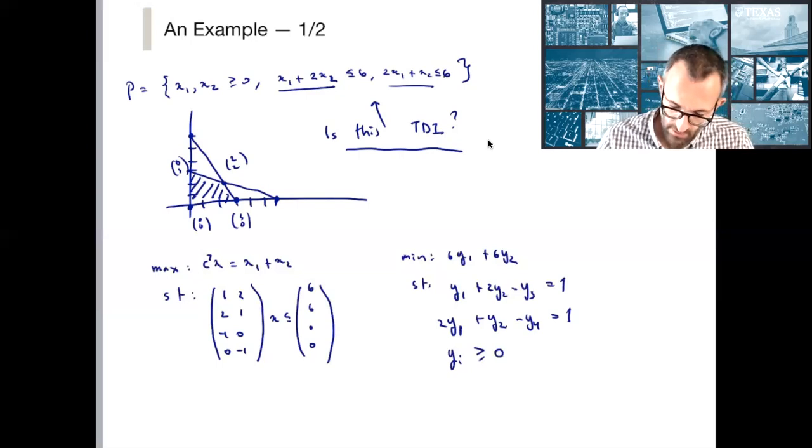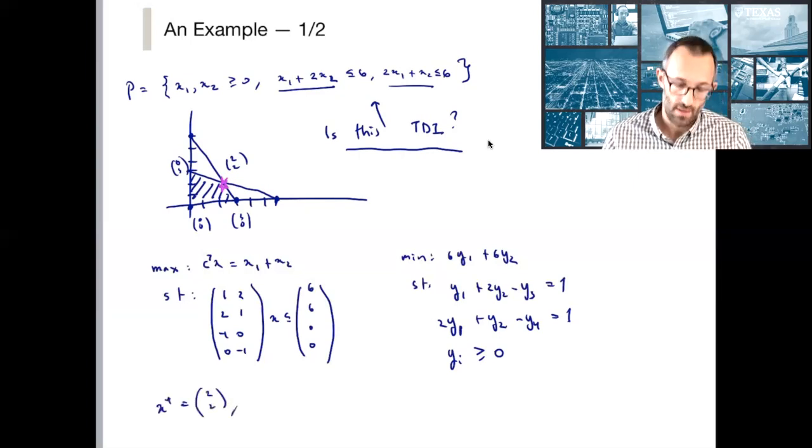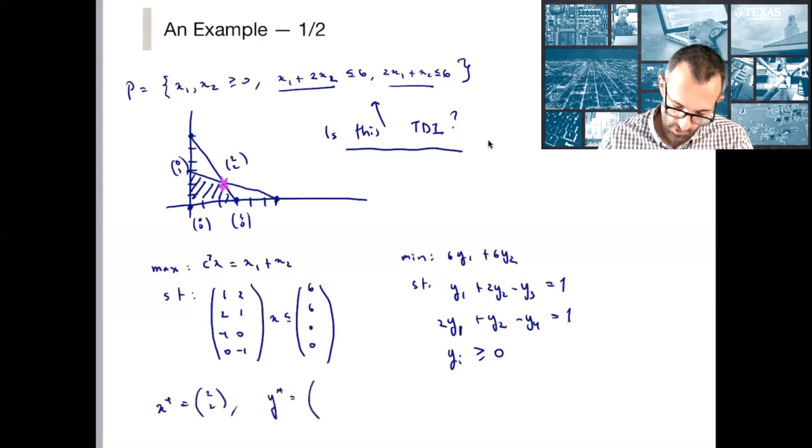We can check. Clearly, if I'm maximizing in the (1, 1) direction, then this is the optimal solution where I put that star. So x* equal to (2, 2) is an optimal solution. But also y* equal to (1/3, 1/3, 0, 0) is also an optimal solution.